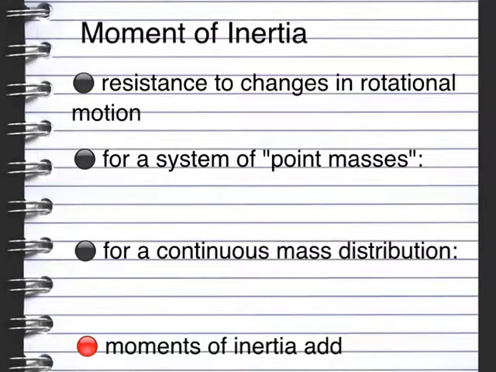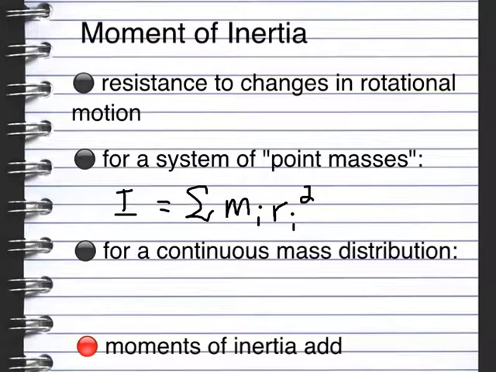So just to recap some of the important points: moment of inertia is resistance to changes in rotational motion. To calculate moment of inertia for a system of point masses, moment of inertia, which has the symbol capital I, is equal to the sum of the product of each mass in the system times that mass's distance from the center of rotation squared.